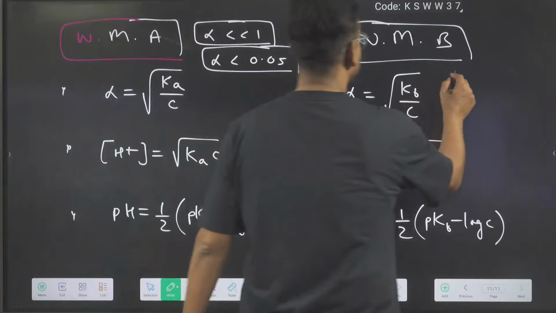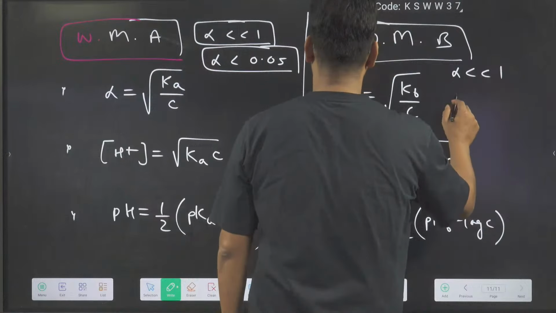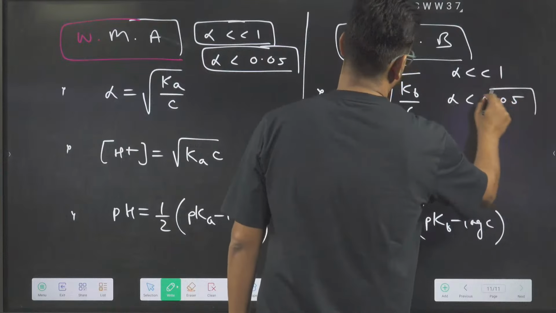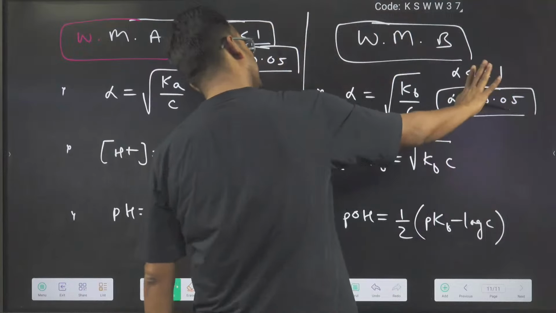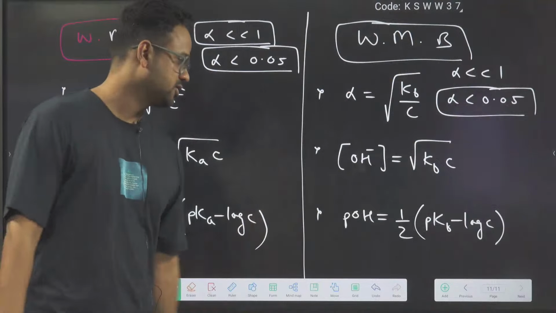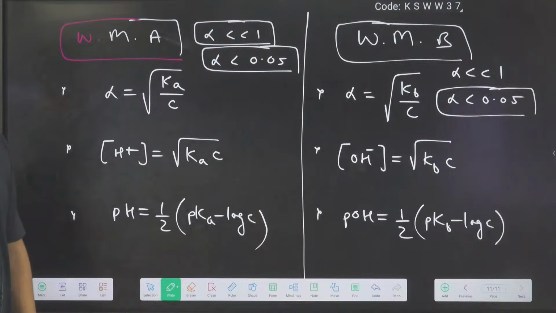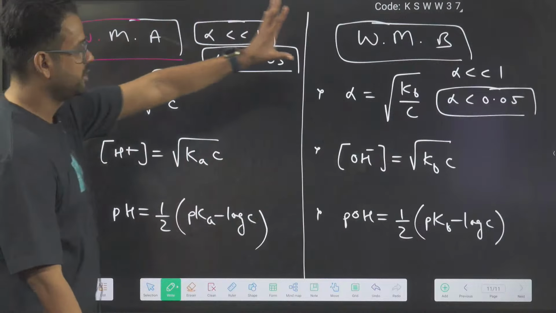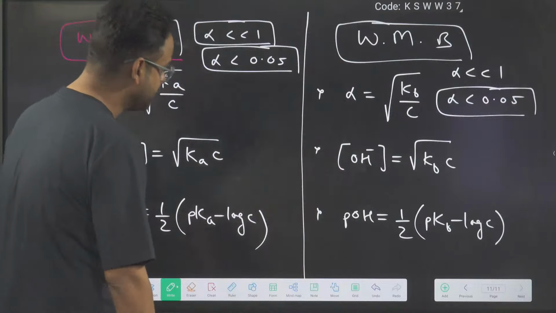Again, this formula is valid for alpha much less than 1 or alpha less than 0.05. Again, 0.1 can also be there, it doesn't make too much of a difference. 0.05, 0.1, both are correct.